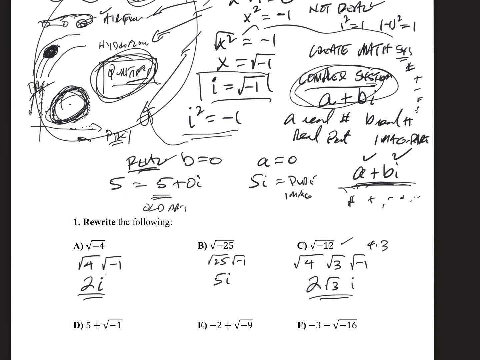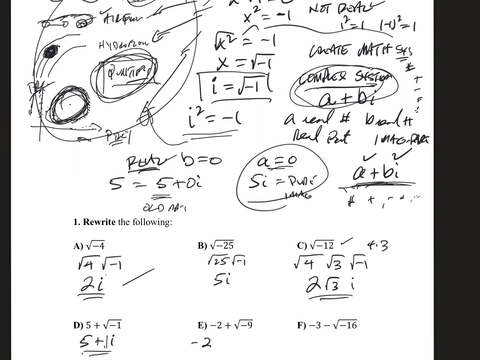So these are all pure imaginary numbers because their real part is equal to 0. In the next one, we have a real part of 5, and then the square root of -1, which we've defined as i. So we now have a complex number that has a real part of 5 and an imaginary part of 1. This one, again, is a complex number.